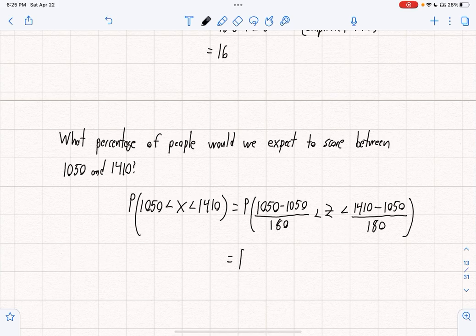So this would be the probability between 0 and, what is that, 1410 minus 1050 is 360 over 180, so that's going to be 2.